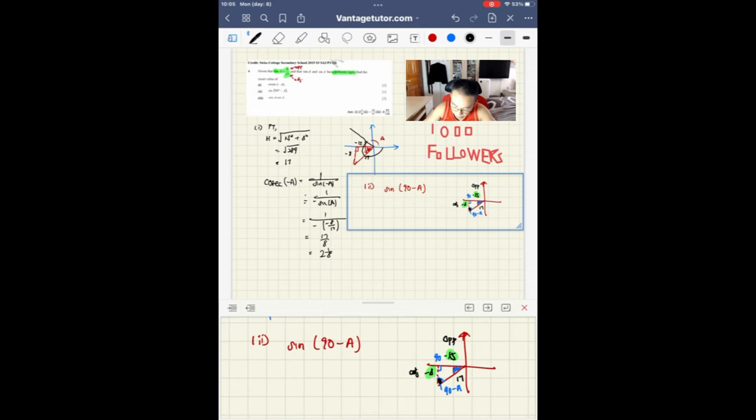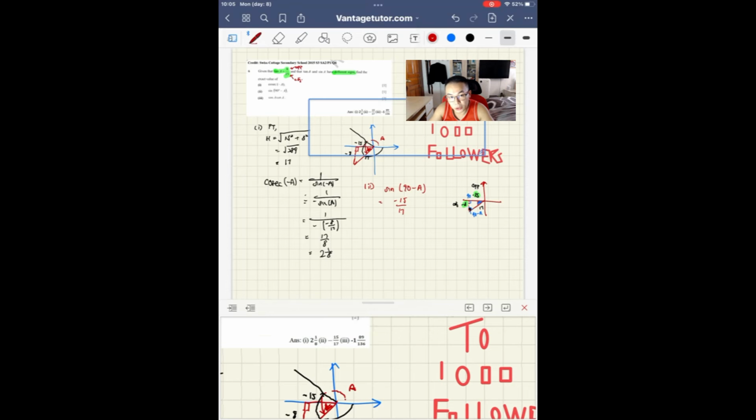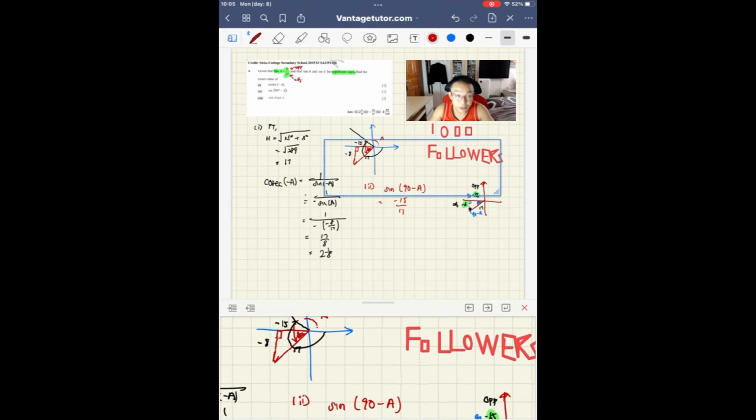So now knowing that, I can just put in my values. It's going to be opposite over adjacent. Sorry, I don't need the adjacent. Opposite over hypotenuse, right? So I can just take negative 15 over 17, and that's the answer. Again, bottom right corner.